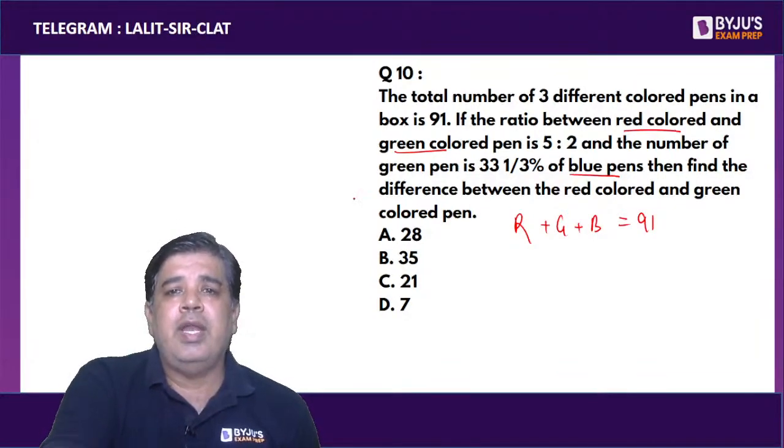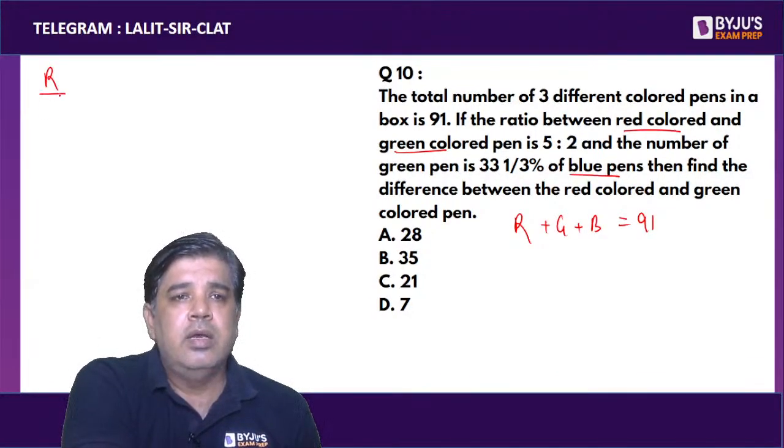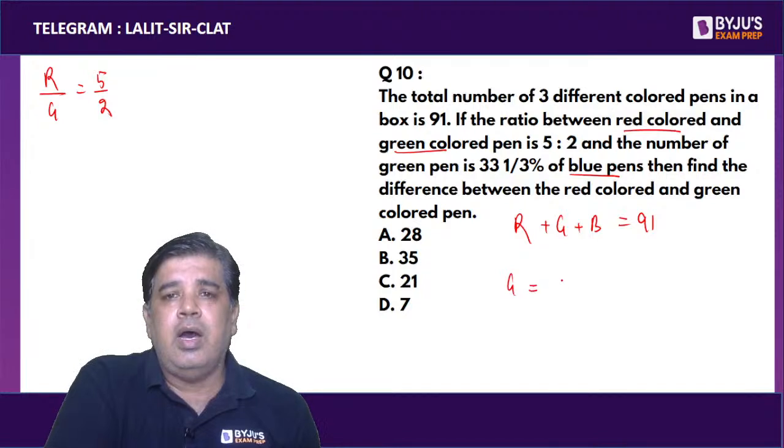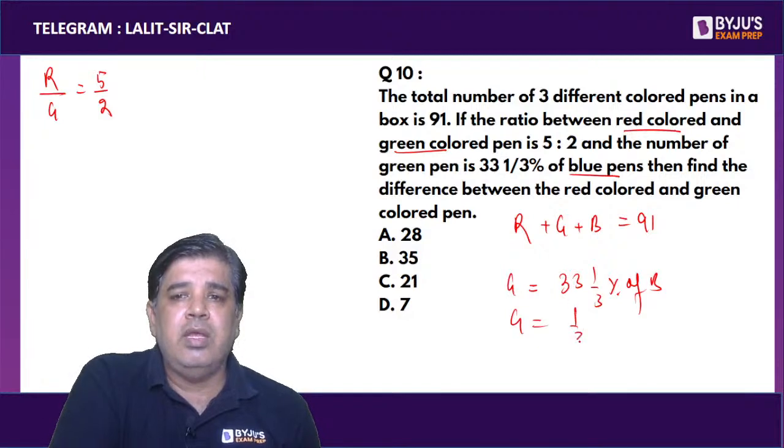The ratio of red to green is 5 by 2. And the number of green pens is 33 1 by 3% of blue pens. Student, 33 1 by 3 percent is 1 by 3. So G by B is 1 by 3.